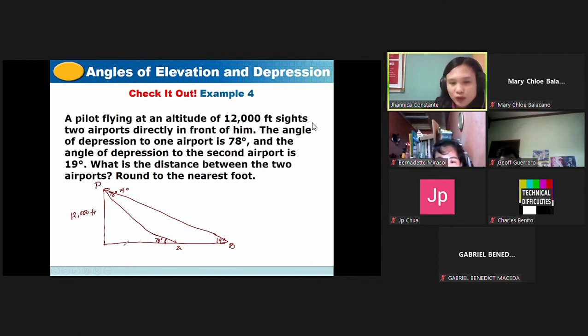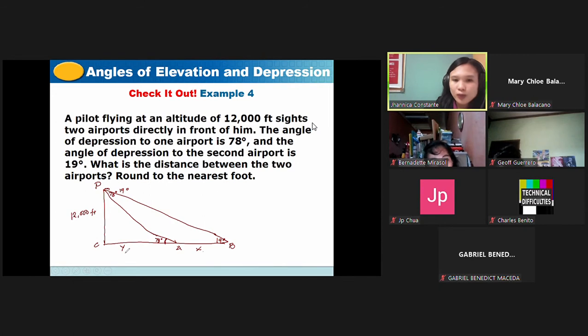So we're going to solve for the distance between the two airports. So let's say this is y and this is x. You're going to solve for the distance that stands for y and the distance that stands for x.